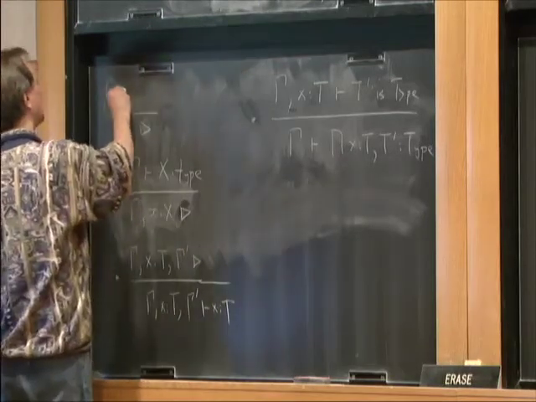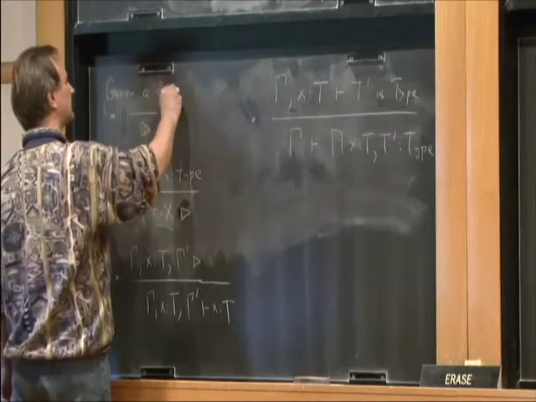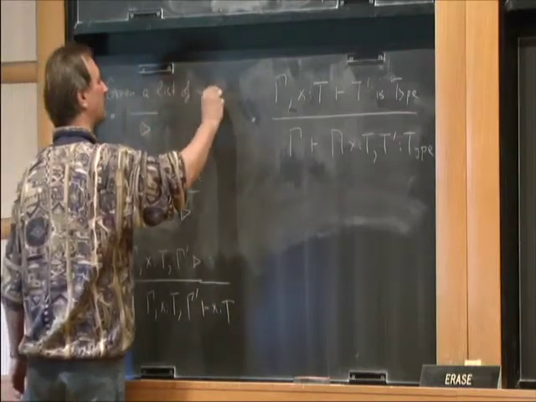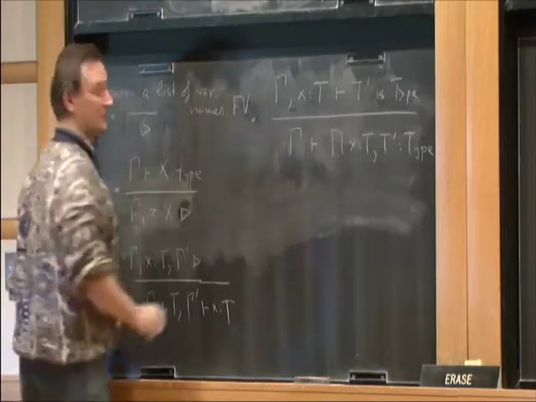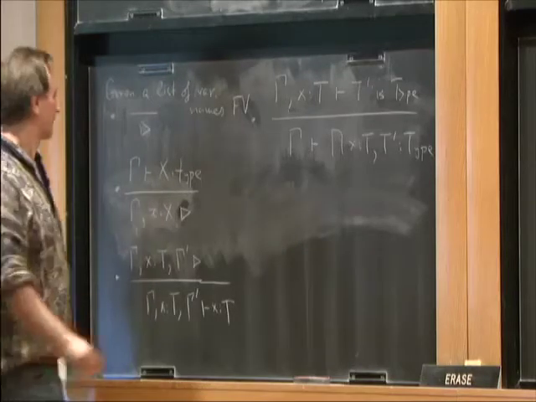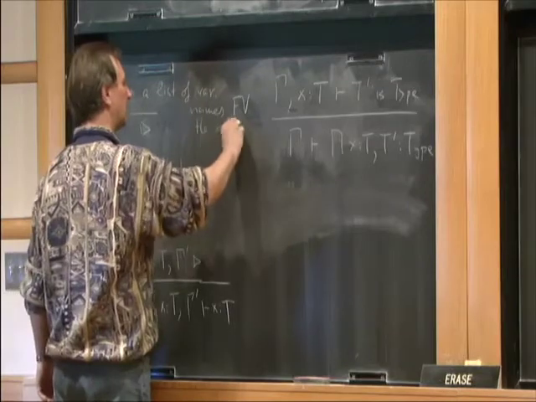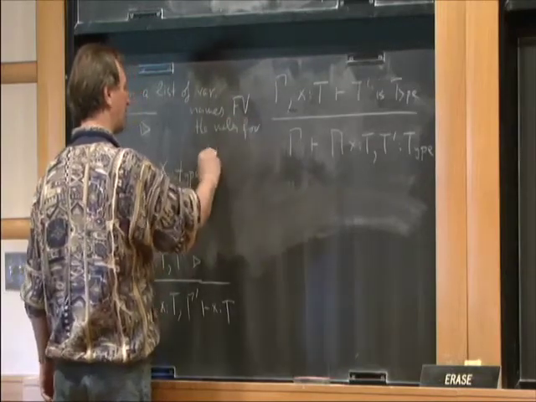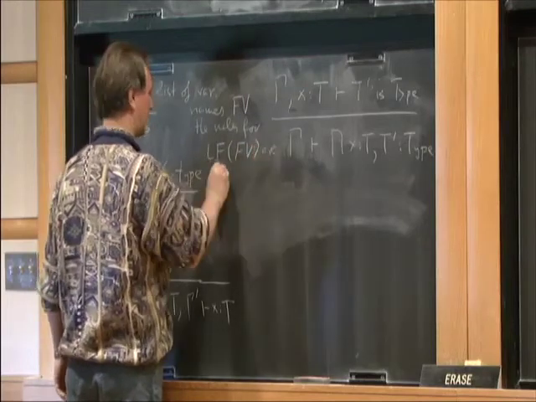Or, so I need also to say, given a list of variable names which I used, which we call in TS capital FV, the rules for LF of FV, so to speak, are as follows.